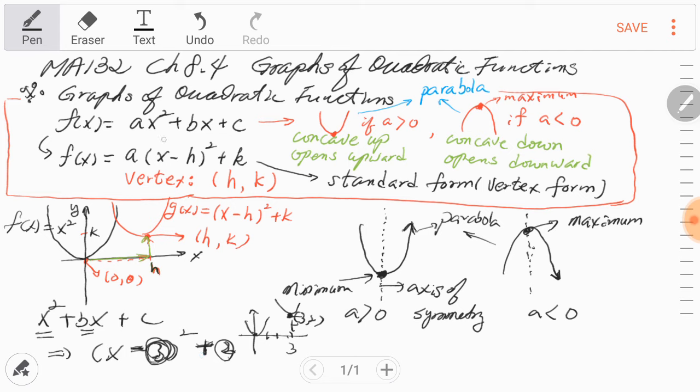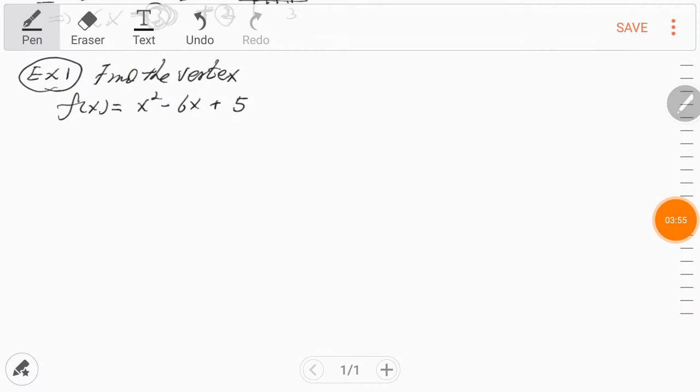So if we complete the square, then x minus h squared. So h is the x coordinate of the vertex. k is the y coordinate of the vertex. So h, k is the vertex. Alright, so let's try some examples. In this example, let's find the vertex of this function.